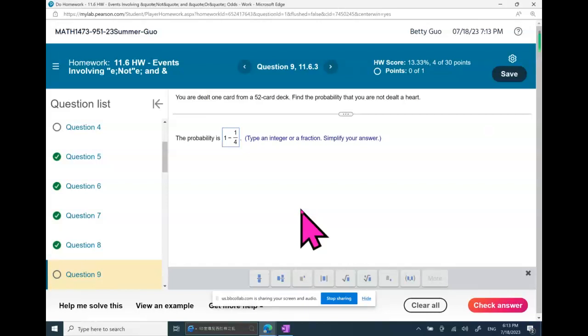Each suit has the equal chance to be dealt. Then the probability you are not dealt a heart is 1 minus 1 over 4, which is 3 over 4.